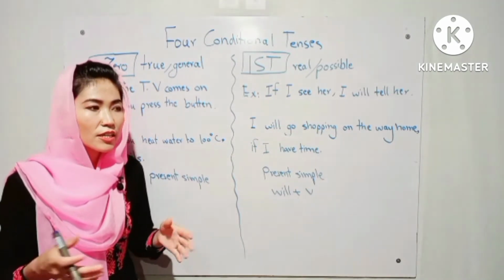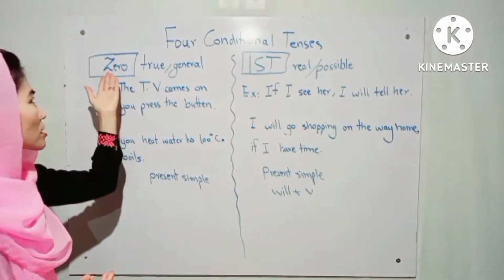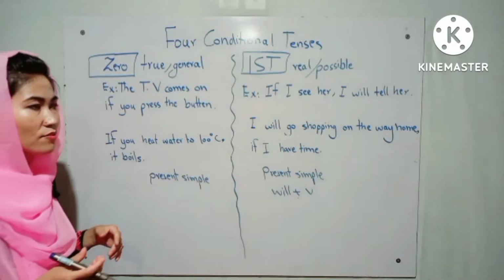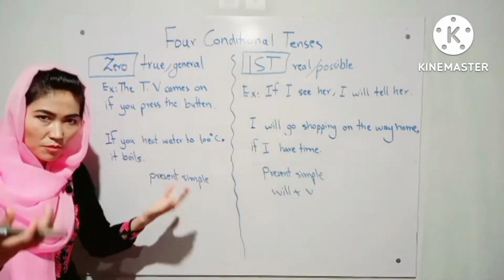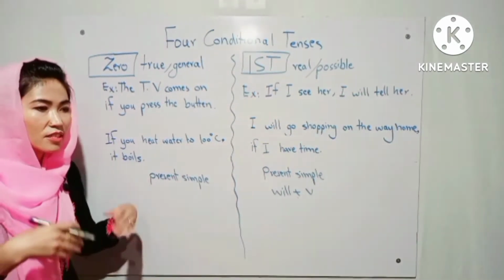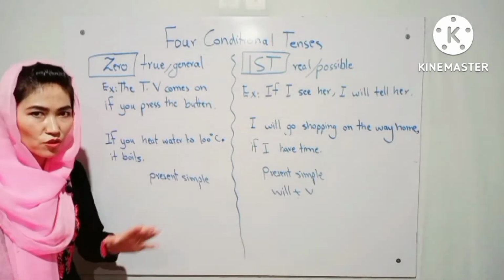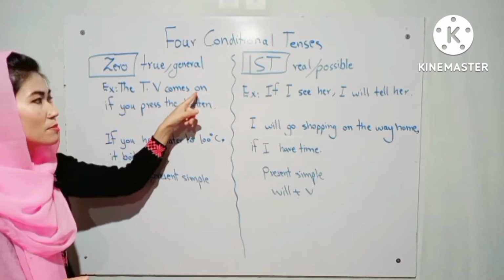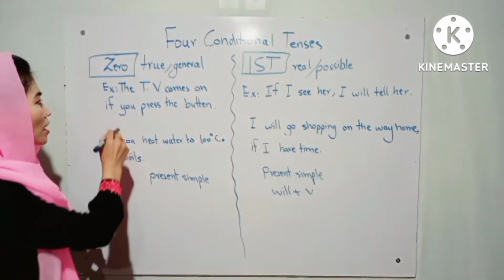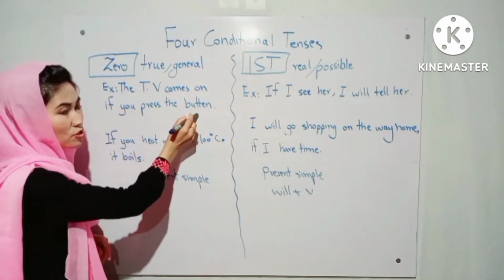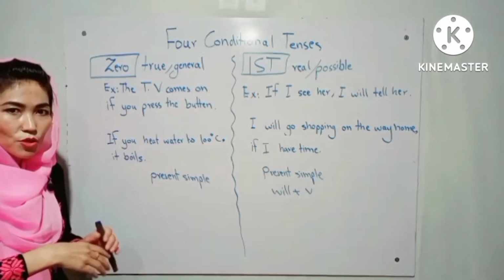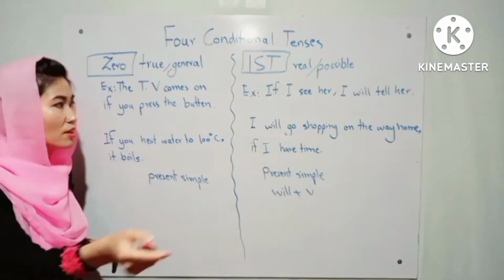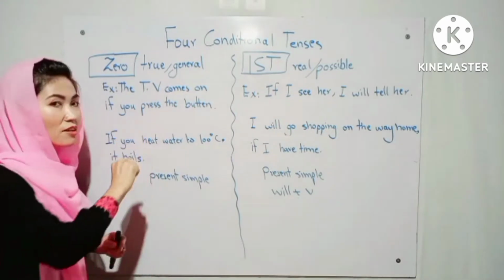Okay, so let's look at the zero conditional tense at the very beginning, which is the simplest one really, and the statement which is true in general. So the example: the TV comes on if you press the button. If you press the button, the TV comes on.